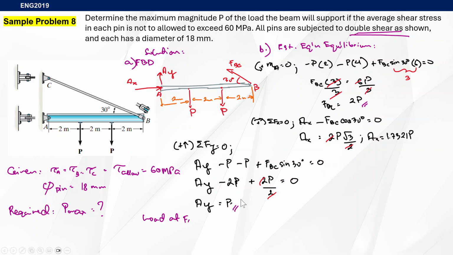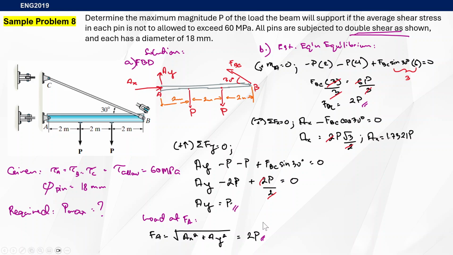At this point, we can now determine the load at FA. To find the total load here, just like we did earlier, it's going to be the square root of AX squared plus AY squared, which gives us 2P if you just substitute it algebraically. We have AX here, and you're going to be surprised it's going to be 2P anyway.